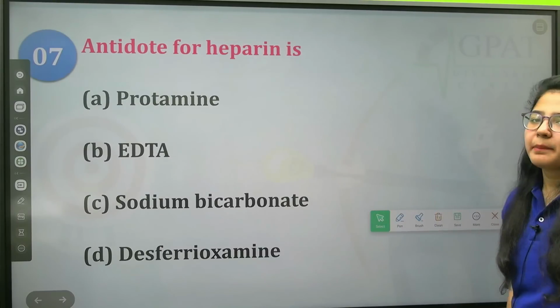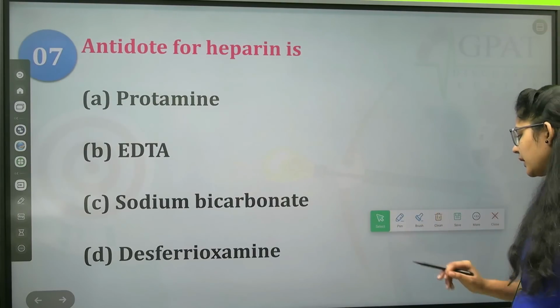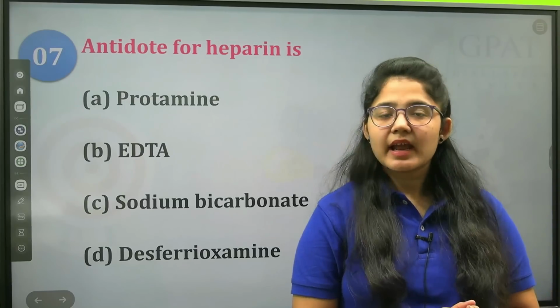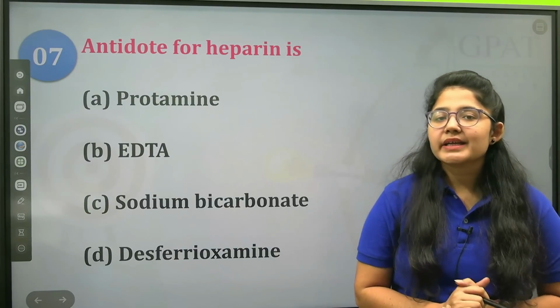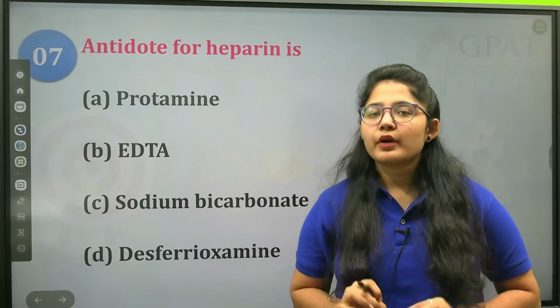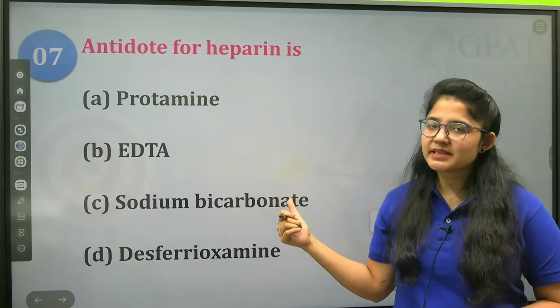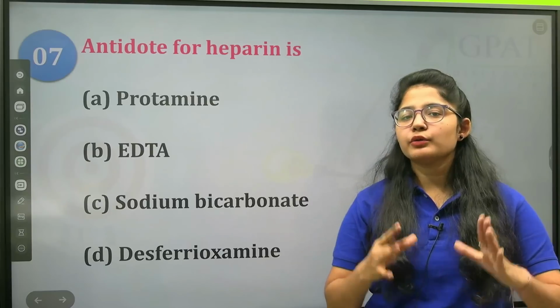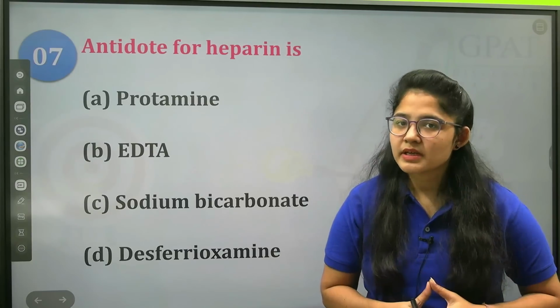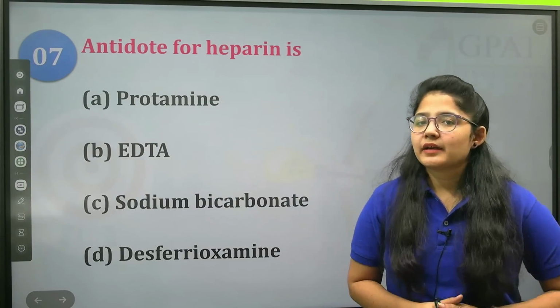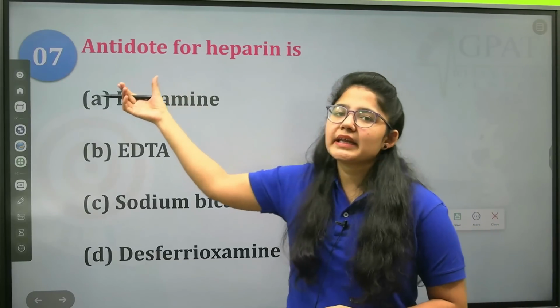Antidote for heparin is... Okay, like you know, whenever a foreign antigen enters our body, in response to that our body produces antibodies. The same case is here also. Whenever you get an overdose or you are poisoned with something, then to treat that we use antidotes.